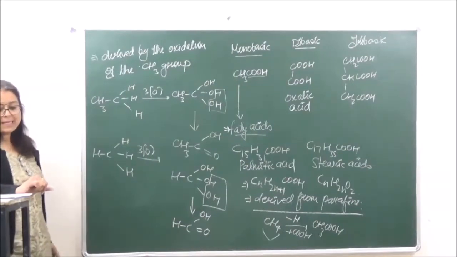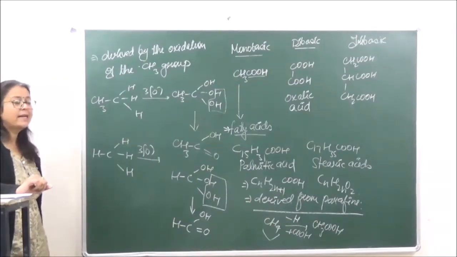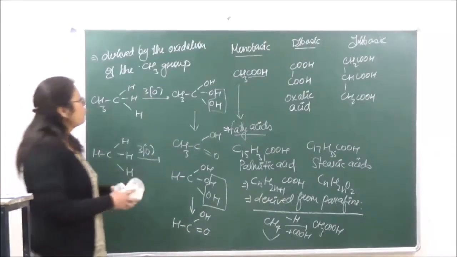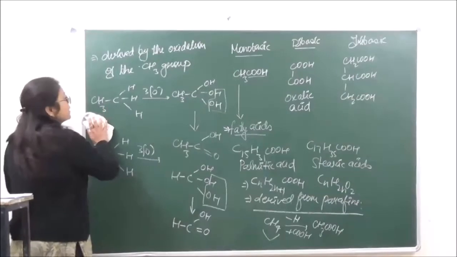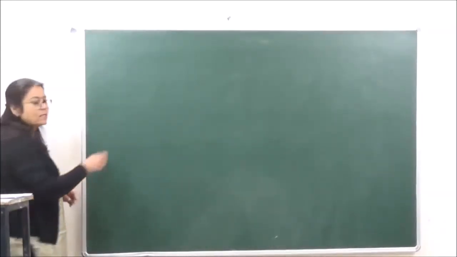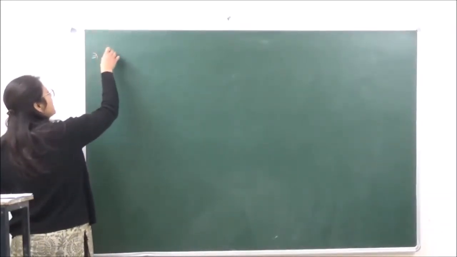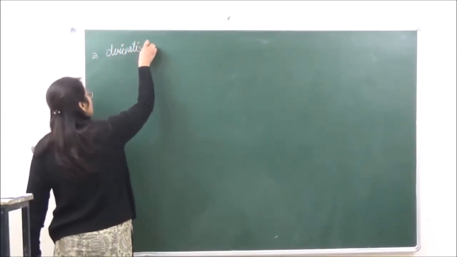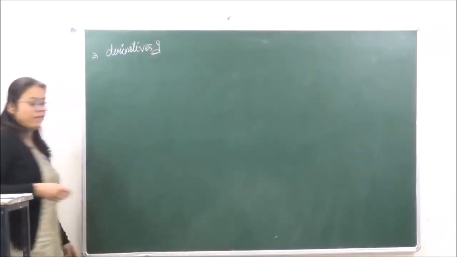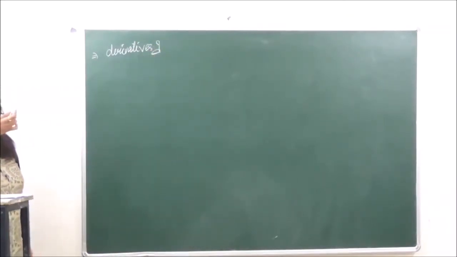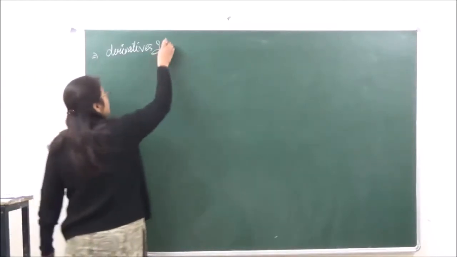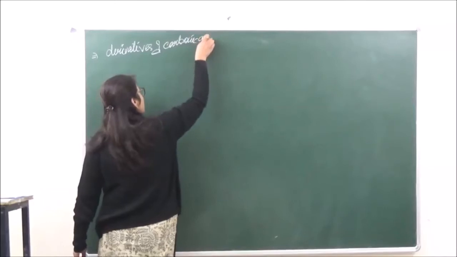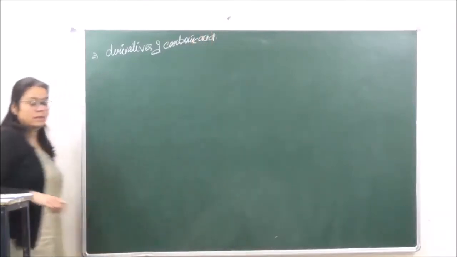Now monocarboxylic acids can also be regarded as derivatives of carbonic acid. So this is the fourth method which we are going to discuss here.